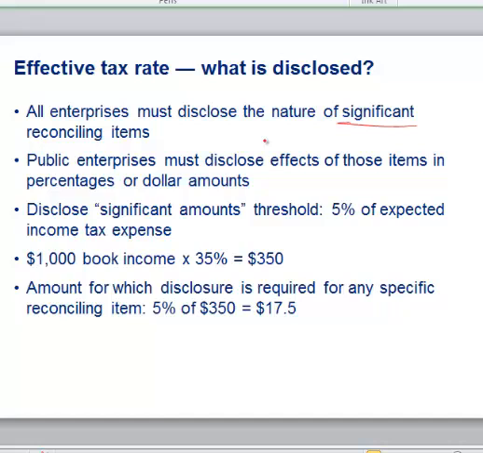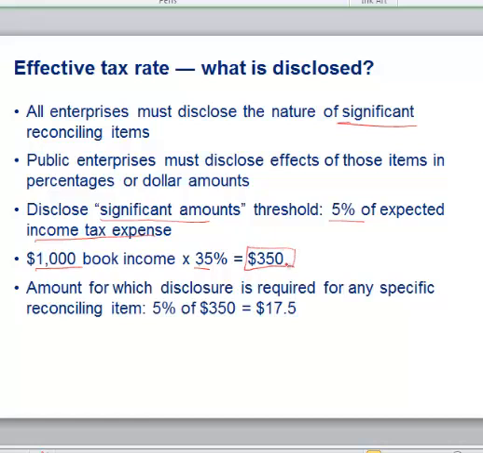The rule is you're supposed to reconcile the significant items between the statutory rate and the effective rate. What you define as significant is a little bit subjective, but the general rule is that significant means items that are individually 5% of the expected income tax expense. So if I had 1,000 of PBT and my statutory rate is 35%, I would start my rate rec with 350.